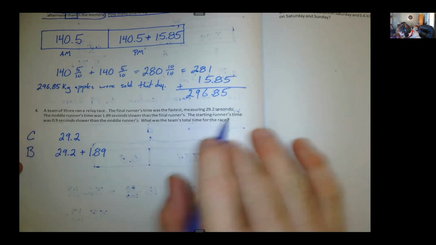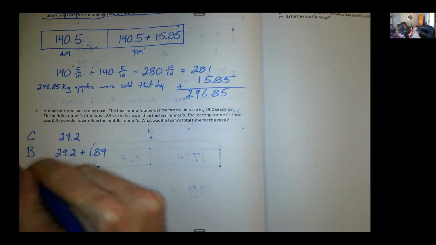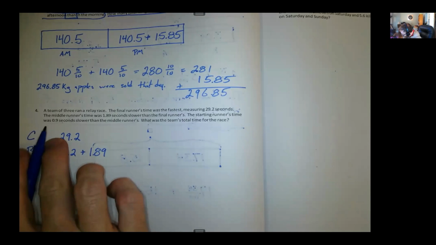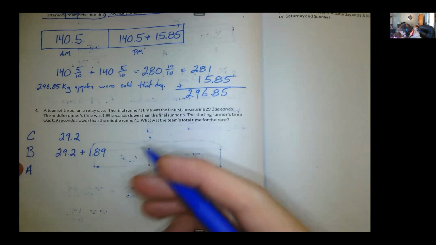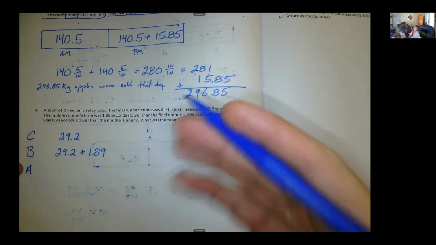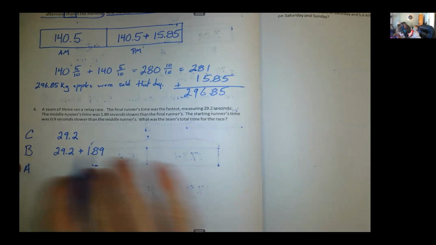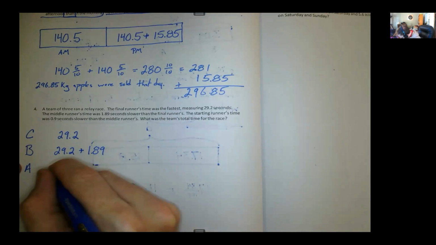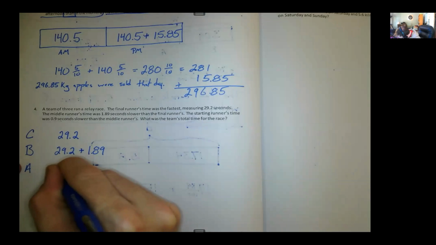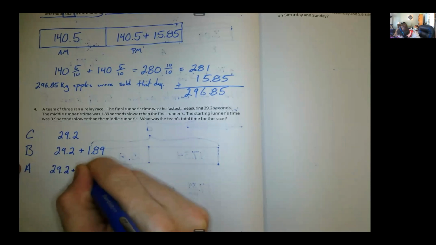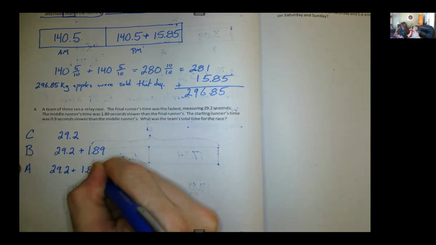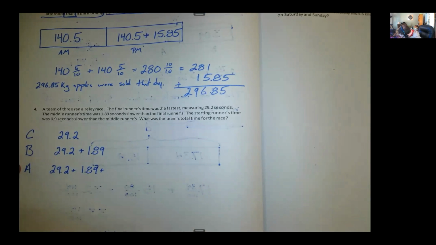The starting runner's time, we're going to call that runner A, was 9/10 seconds slower than the middle runner. So this runner is going to be 29 2/10 plus 1 89/100 plus 9/10.